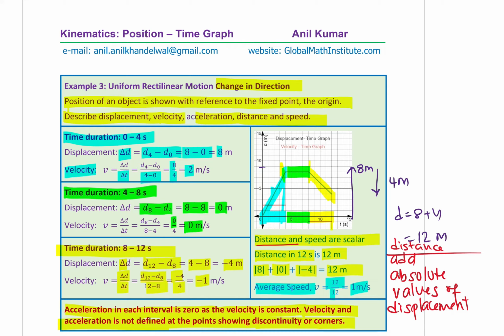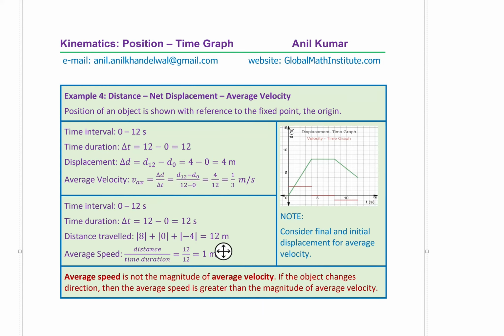Same as before, right? Example 4. This time we'll consider net displacement and average velocity. So again a position is given to us of an object with reference to a fixed point which is the origin. We'll again consider these intervals from 0 to 12, the total interval this time.